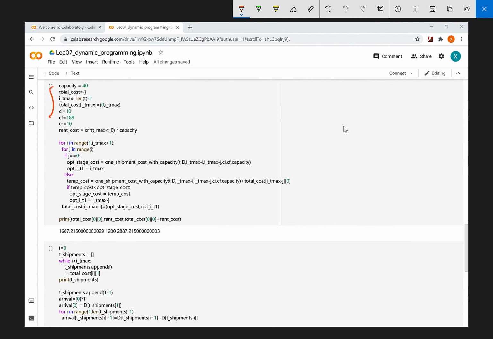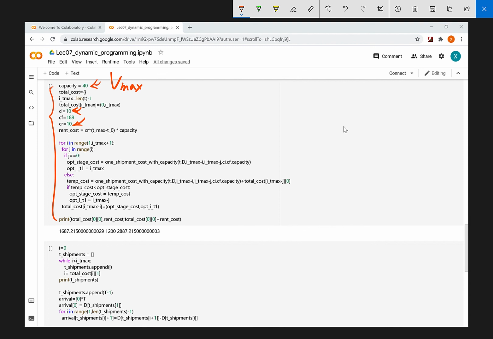Okay, so after we extend the one-step shipment function, we can define a capacity, or the Vmax, which is the capacity value 40 here for demonstration. And then definitely we can consider CR and CI at the same time. We don't need to consider the extreme scenario where either of these values is much larger than the other. In this case, they are both 10.